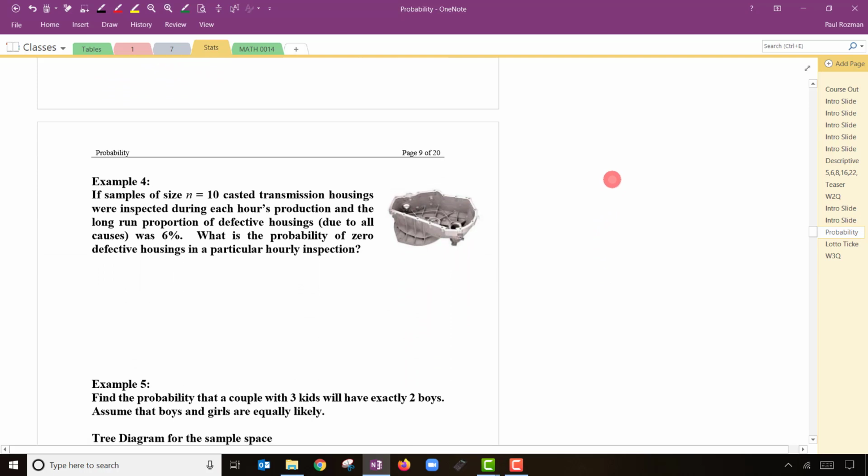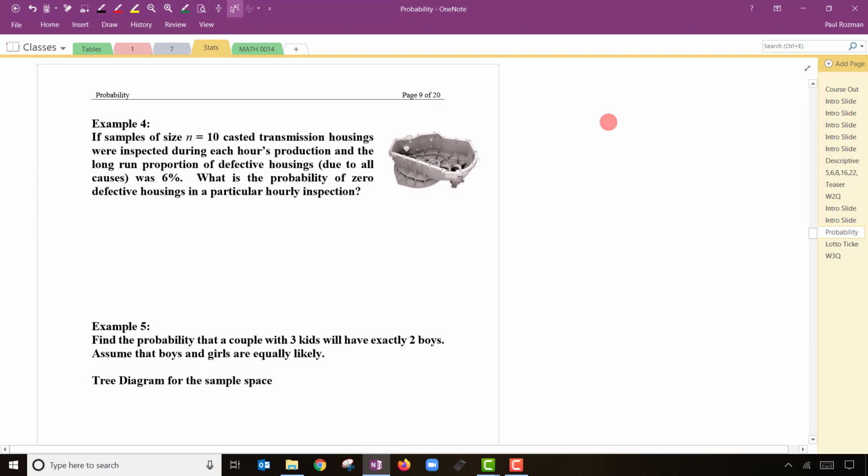We can do a few examples here, just using some of these ideas. We haven't done a lot of examples of actually calculating probability yet, so let's do one here. We have samples of size n equals 10 of these transmission housings, we inspect them, and we get asked, what's the probability of not having any defectives during one of those inspections?